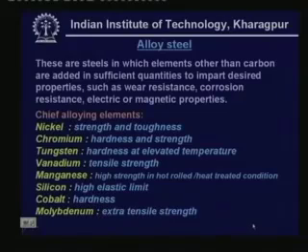Suppose you want strength and toughness, you can use nickel. If you want high strength and high elastic limit, you can use silicon. Molybdenum can give you extra tensile strength, and so on. So the utility of alloy steel is immense in the design of machine elements.